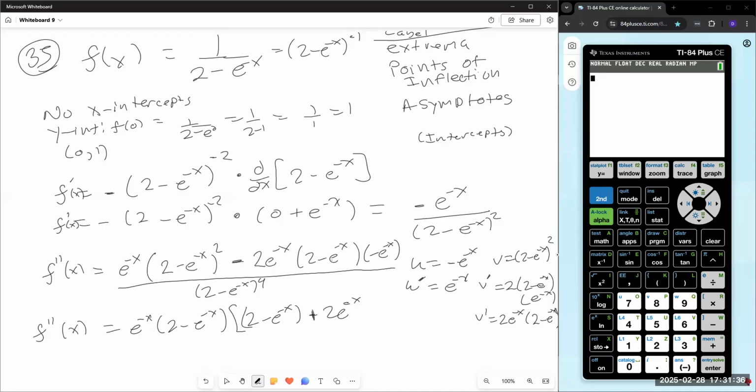That came out, and that came out, leaving that negative 1, which changed the sign, over (2 minus e to the negative x) to the fourth.